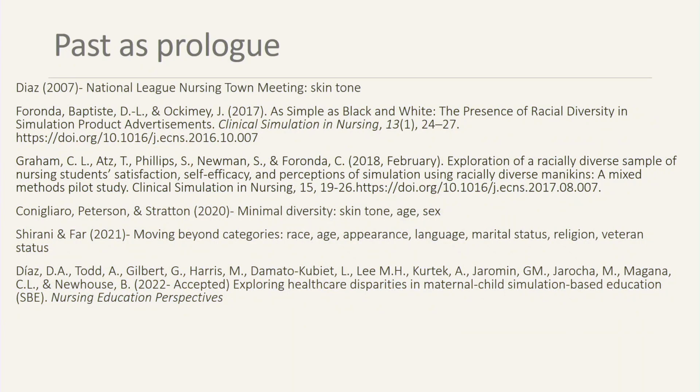So let's start off with past as prologue, and what does that mean, and where are we currently? Back in 2007 is really where I started my DEI journey as an educator. In that journey, I started to notice that there were only white mannequins everywhere.